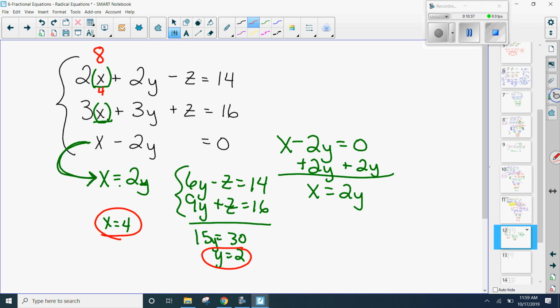If y is 2, you get plus 4 minus z equals 14. So this becomes 12, and if you subtract it, you get negative z equals positive 2, because you subtract your 12 here. And then you divide, and you find out that z is equal to negative 2.